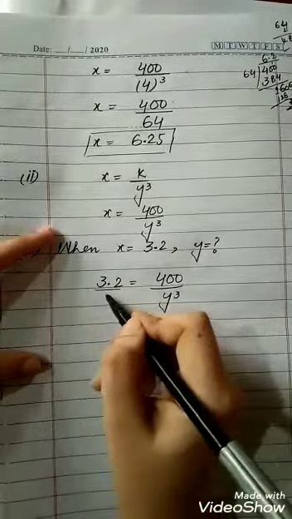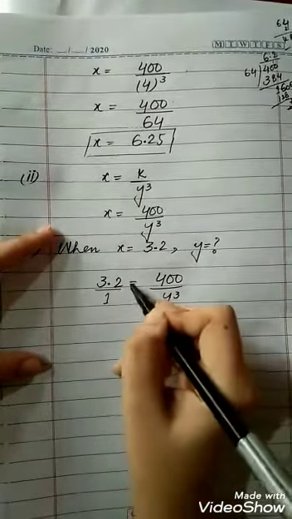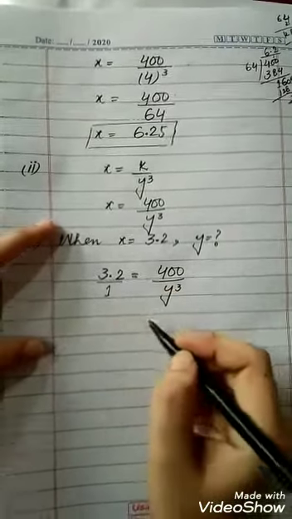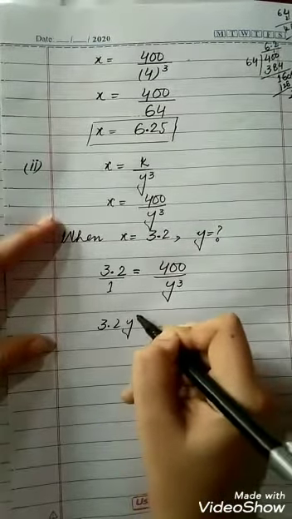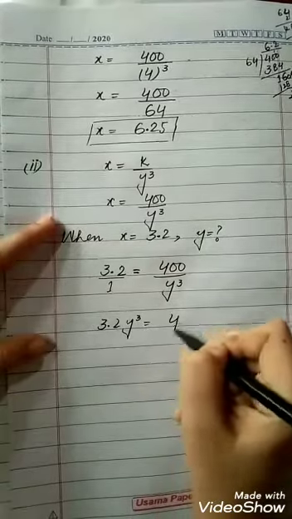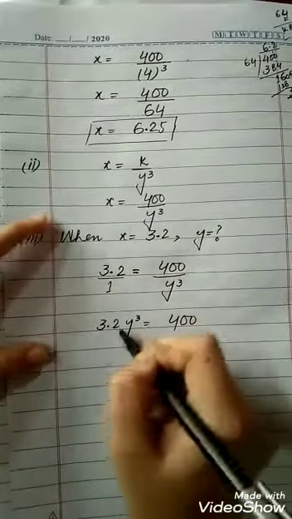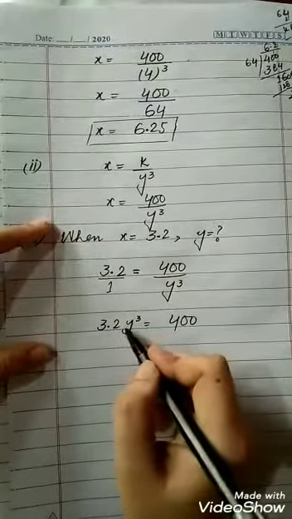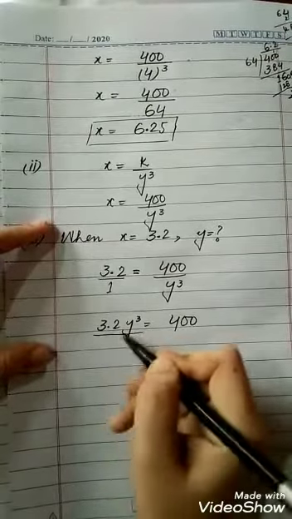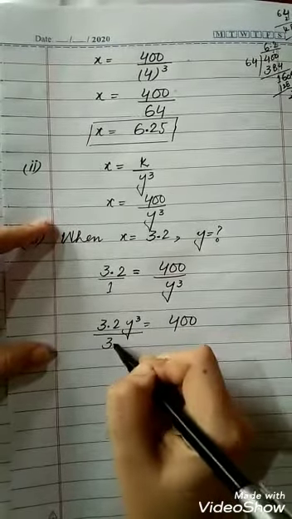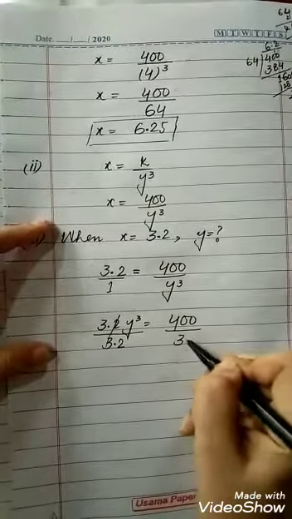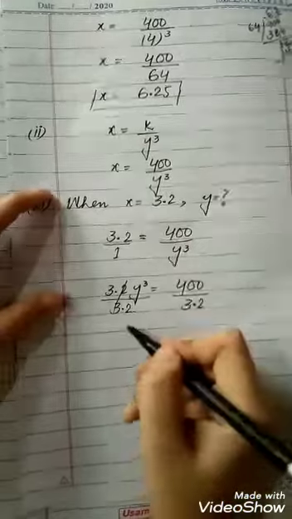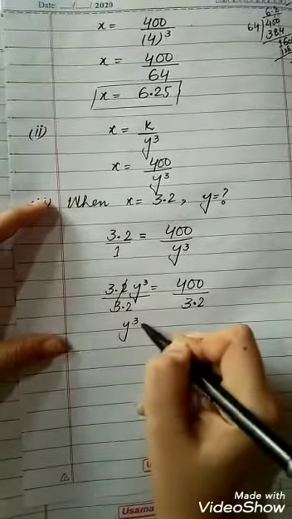We will cross multiply now because it's a fraction and between the sign is equality. So 3.2 y cube is equal to 400. We don't need 3.2 because we need y, and y cube first of all we will find. So we will divide by 3.2 on both sides. It is y cube now.